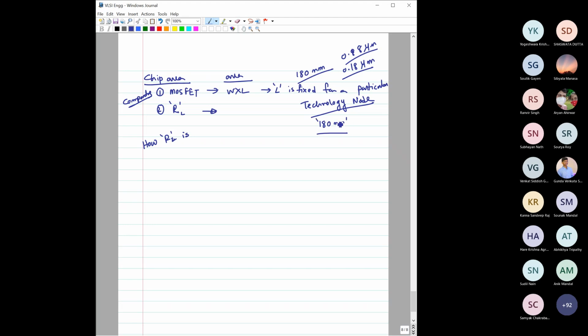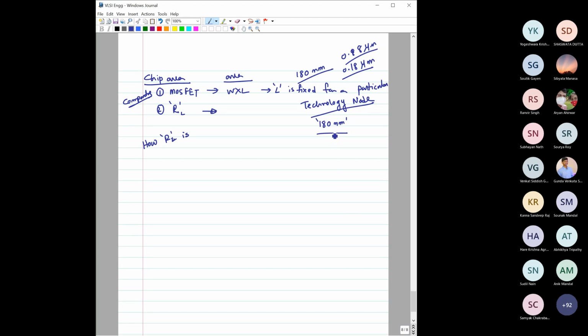Later we will discuss what we mean by this 180 nanometer technology, but as of now, you can think that 180 nanometer would be close to this gate length. But again, I think this is not a very correct way to say it, so you can say that it is close to that.